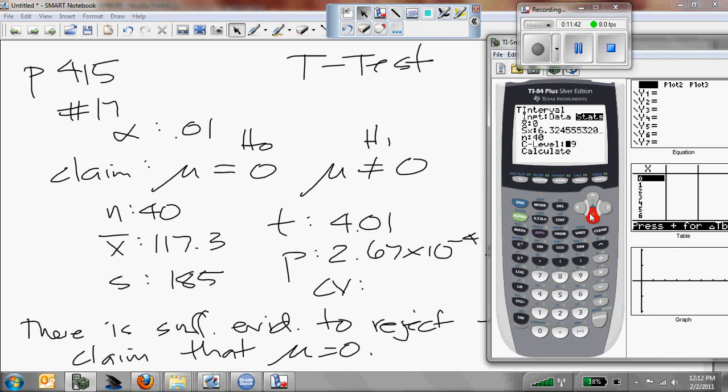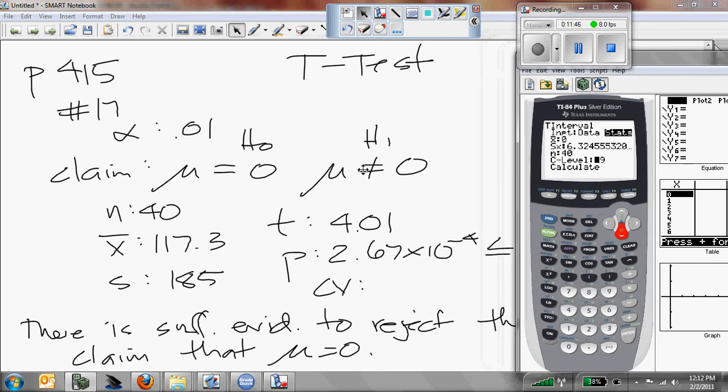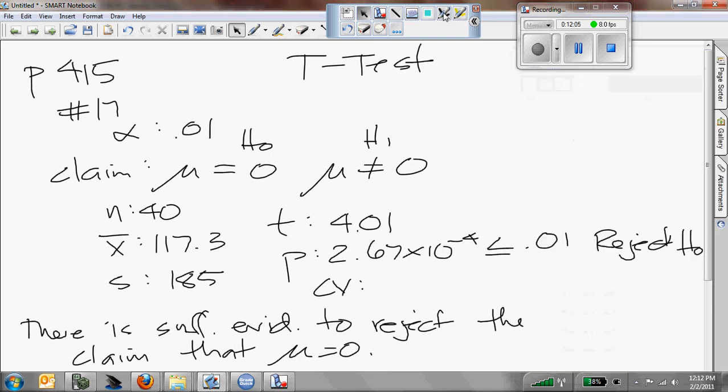Sample size is 40. And then the confidence level, since the critical value is in both tails, I'm going to use 1 minus alpha. Alpha is 0.01, 1 minus 0.01 is 0.99. Hit calculate, and I'm going to have a positive and negative critical value. Positive and negative 2.70.